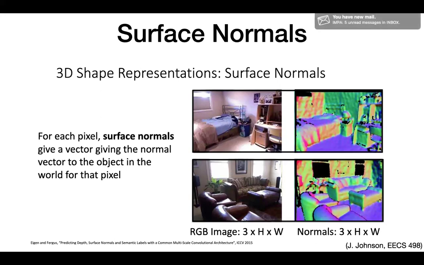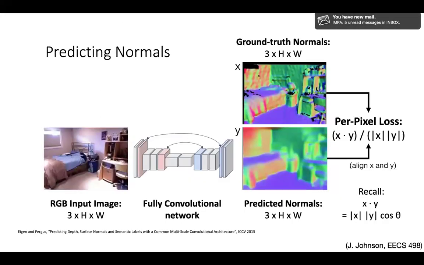And then the way to learn normal maps is similar to learning depth. We have the RGB image, and then the ground truth normal. And here, with our per pixel loss, we are going to try to align the predicted normal vector from the network with the true normal vector. To align means that they have to be parallel, have the same angle. And for that, we use this loss function.